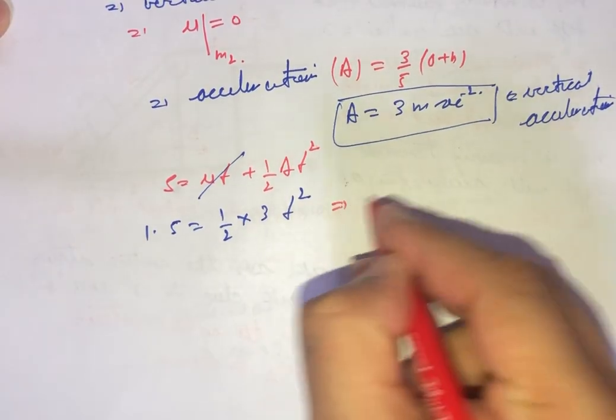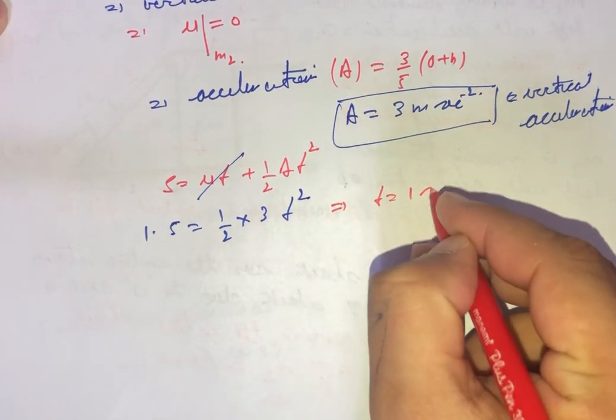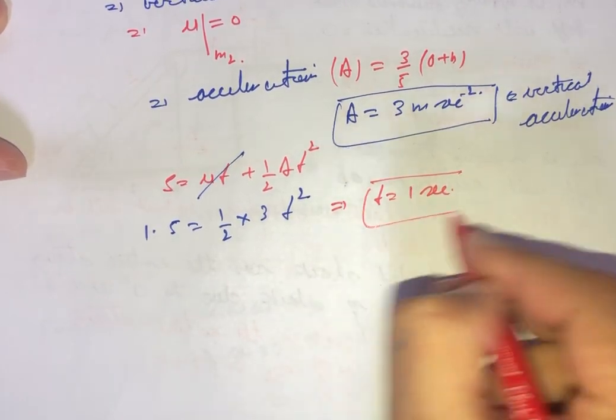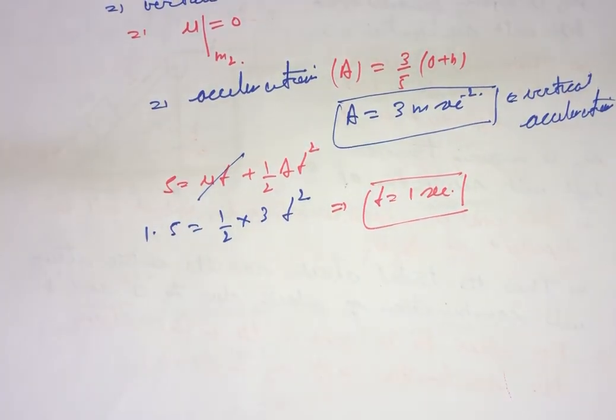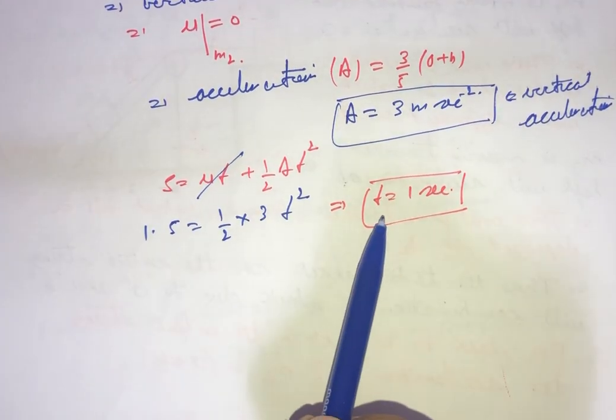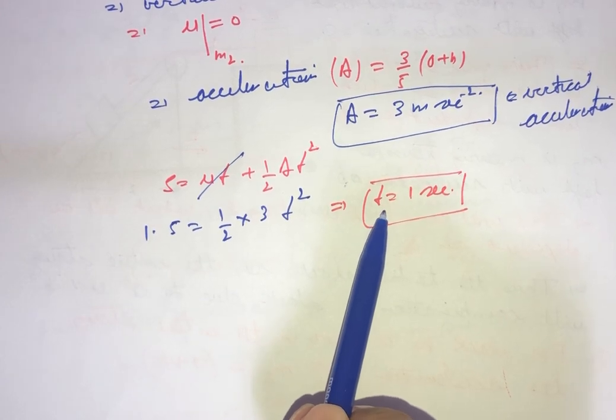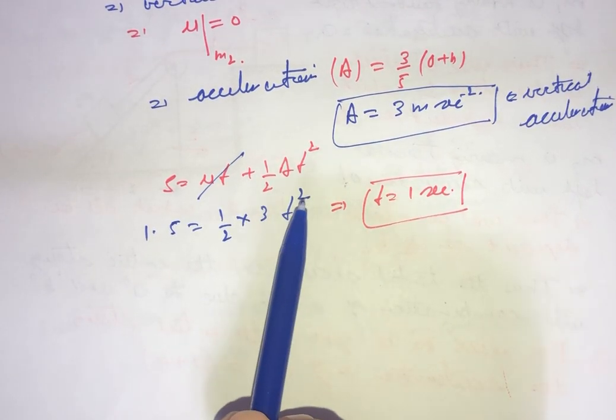From this we can say that t will be equal to 1 second. So it means in time t, the M2 travels from top to bottom.